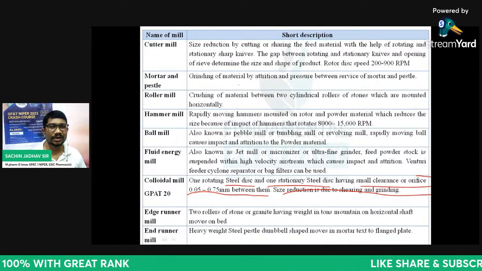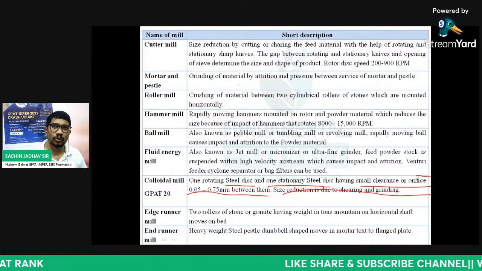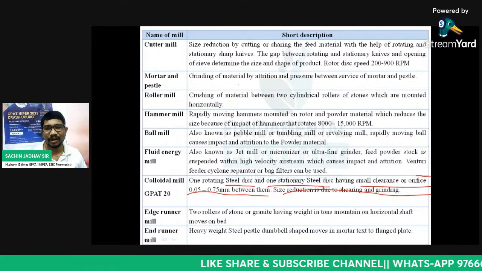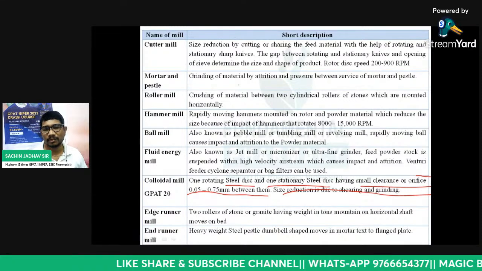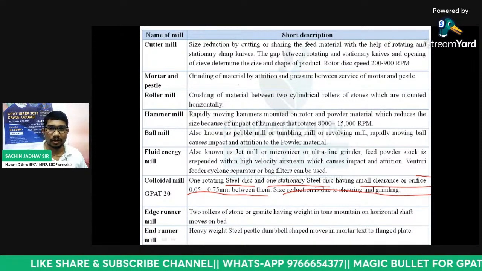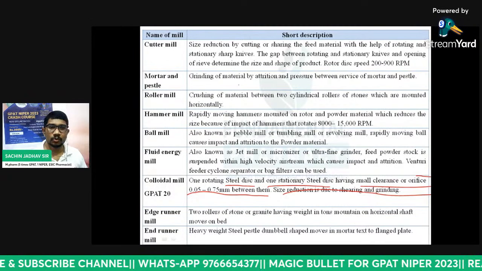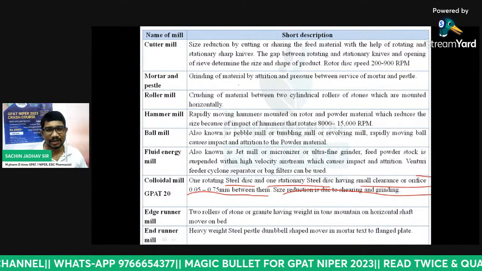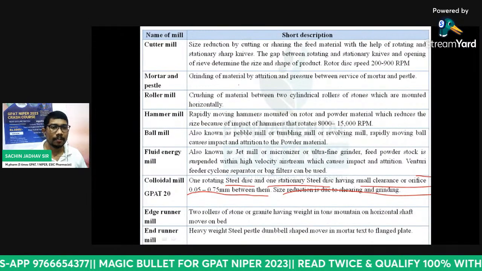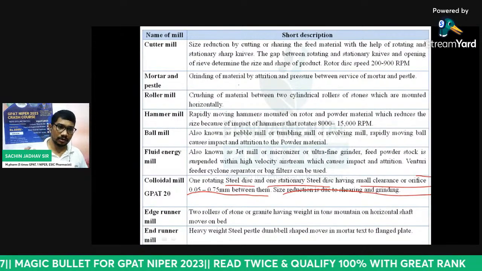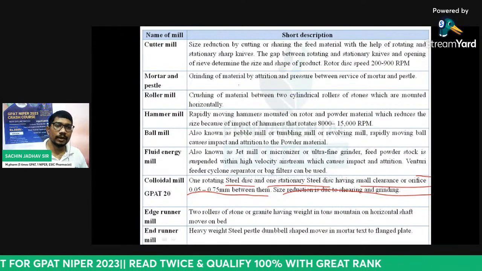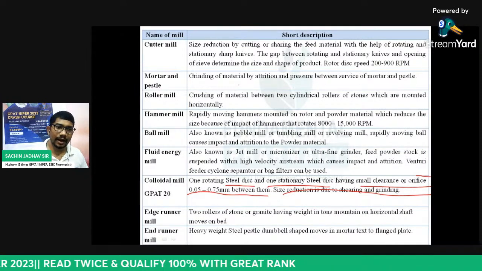This is the description for which mill? The question was like this: a stator will be stationary and rotor will rotate, and in between the stator and rotor there is a minute opening or orifice of 0.05 to 0.75 mm. This is the description for which mill? There were options like fluid energy mill, ball mill, hammer mill and colloidal mill.